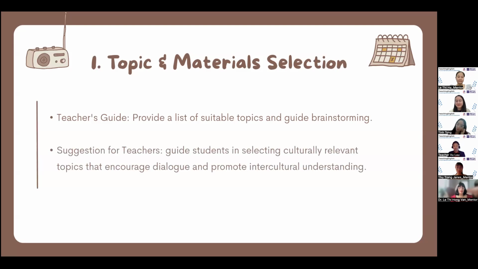Okay. So the suggestion for you guys is that we can not really give them the available list of topics. We can guide them in selecting the topics relevant to their job. So we have the students actively involved in the very first step of the project, right?